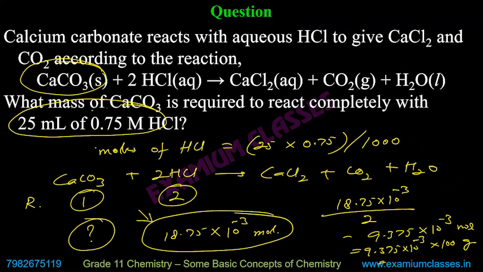Sir, please explain the last step. Last step means when I converted it to mole, or when I converted it to grams? Sir, the mass of the CaCO3. Okay. You know that when you have 1 mole and you want to convert it to mass, you need molar mass. Do you remember this relationship with that diagram?